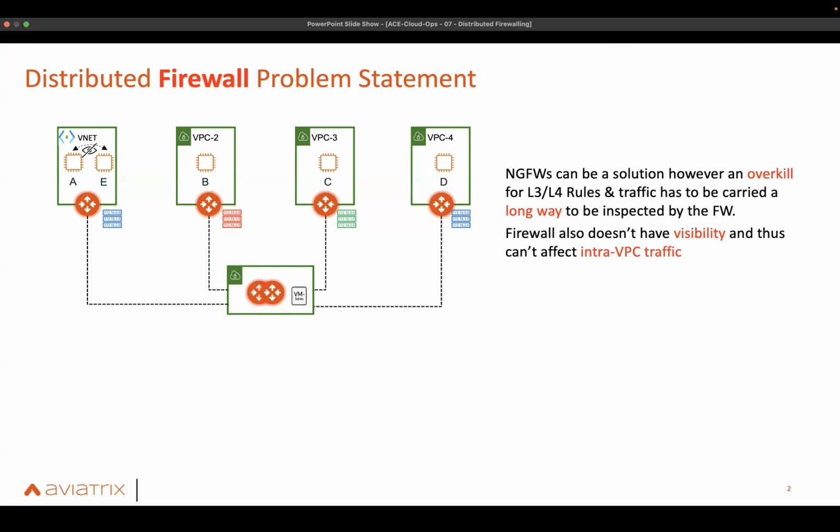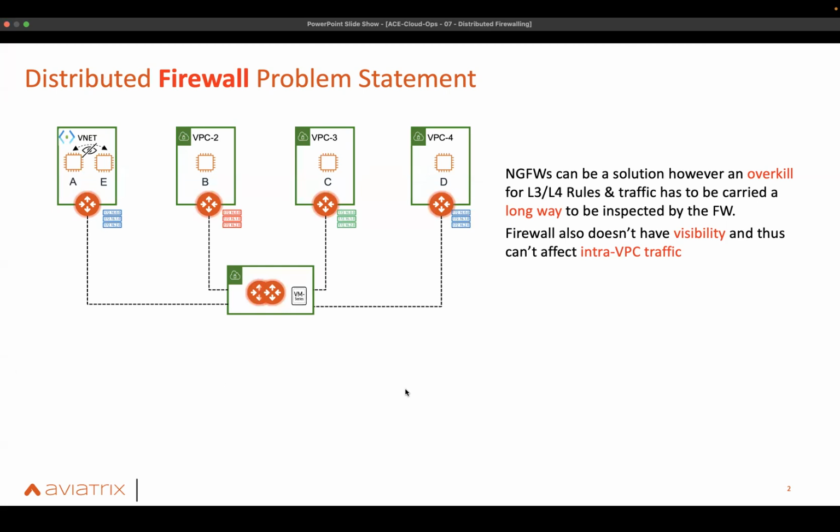And this is why we looked and said, we already have that great data plane across the board, and it's a distributed data plane. We already have firewalling capabilities within those gateways. And what we said is, why not have a distributed firewall wherever we have the data plane, wherever we have the gateways.